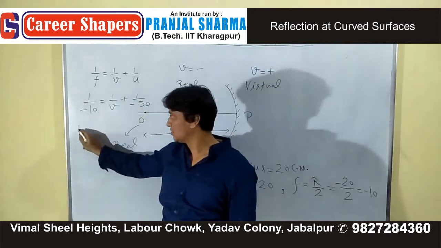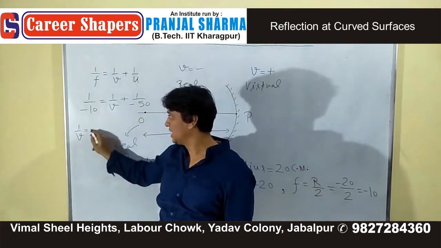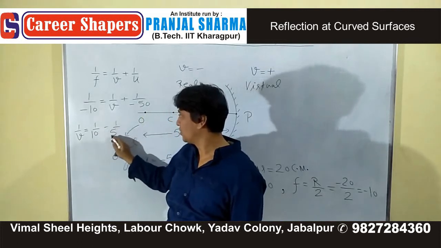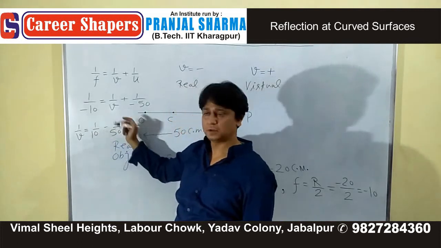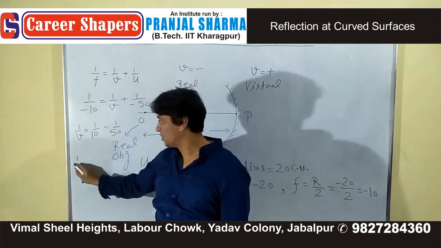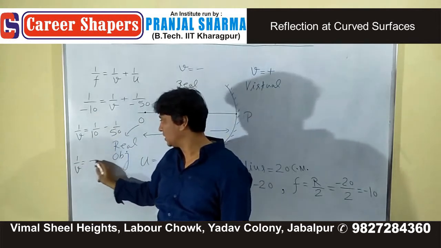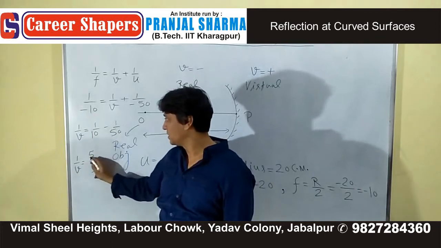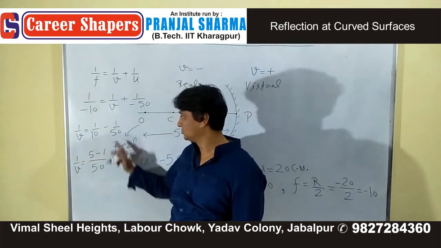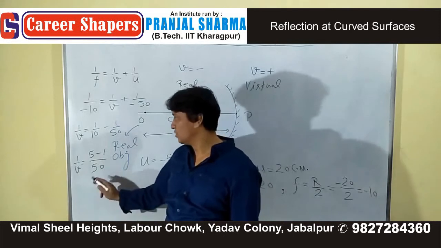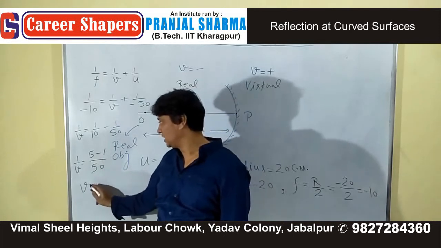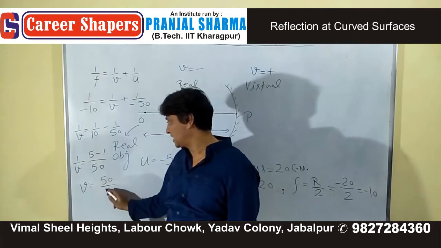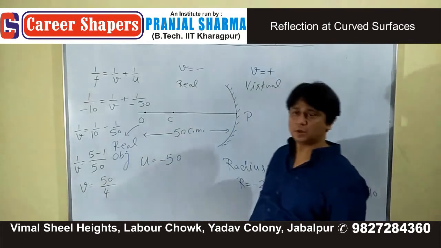This gives us 1 upon V as 1 upon 10 minus 1 upon 50. That is, 1 upon V is coming, take LCM 50, 10, 5 minus 1, which gives us V as 50 divided by 4.